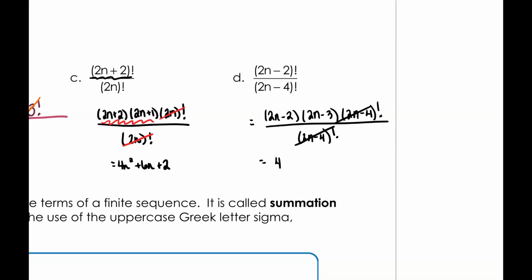All right, and then my product here is going to be 4n squared minus 10n plus 6 for my final answer there. Okay, so the trick with the factorials is remember that this is like your starting number or quantity, and then each subsequent term is 1 less than that. And you just keep going forever, or you stop and then put your factorial sign back in.